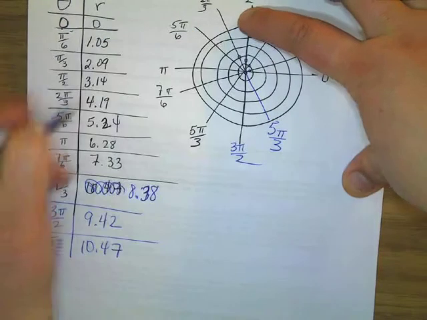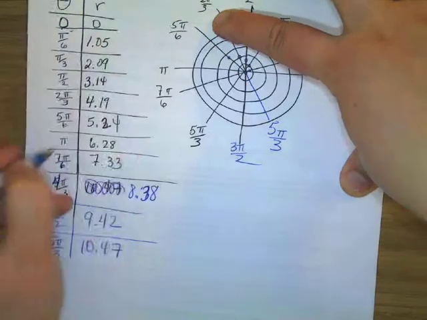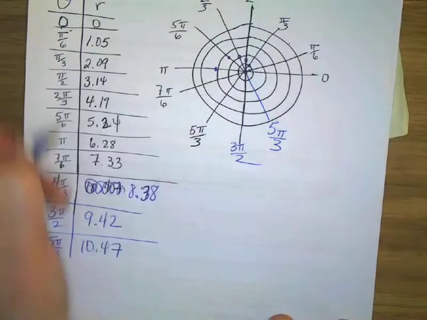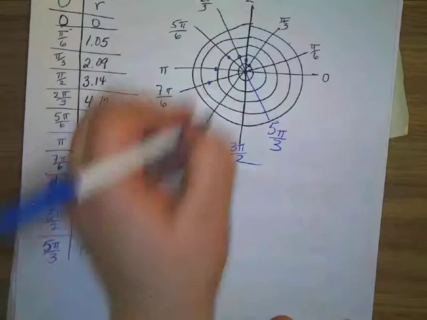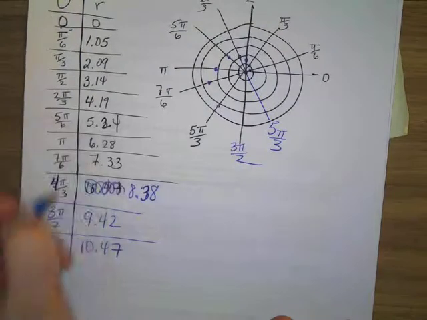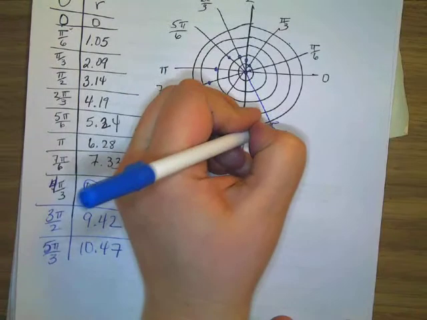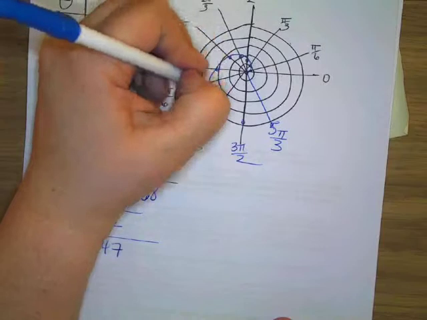We're going out. It's not at a constant rate. And then you connect them in the order you graph them.